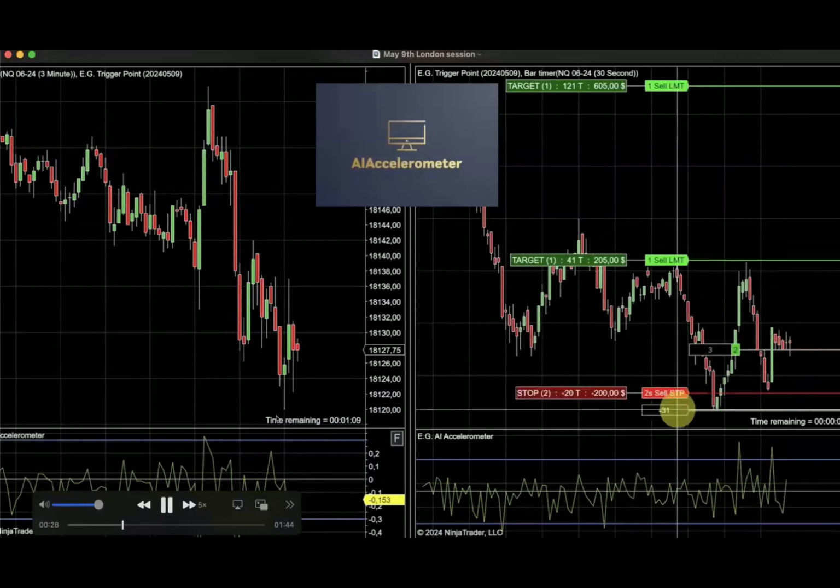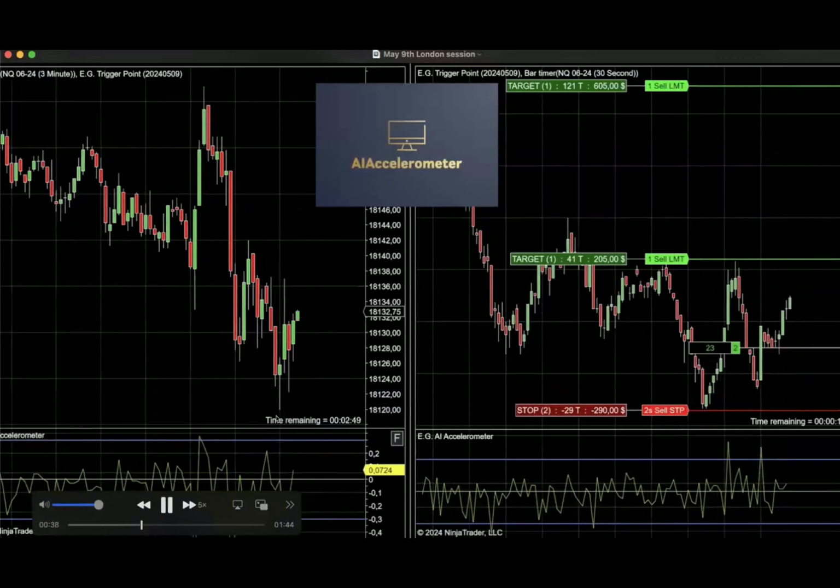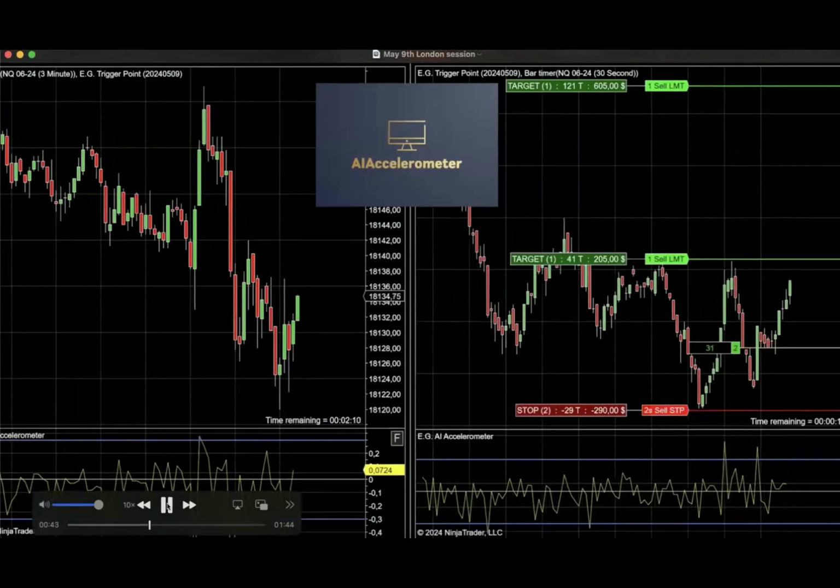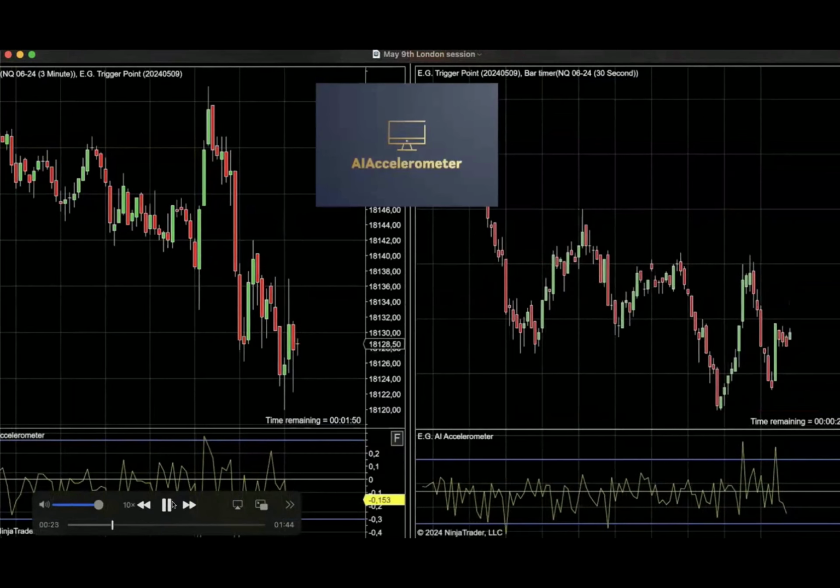This is another example. Let me pause it here, maybe go back a bit. Okay, so what can we see here? This is quite significant movement. Then we have the retracement.